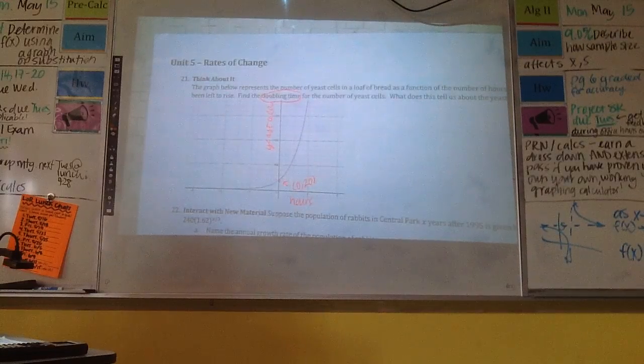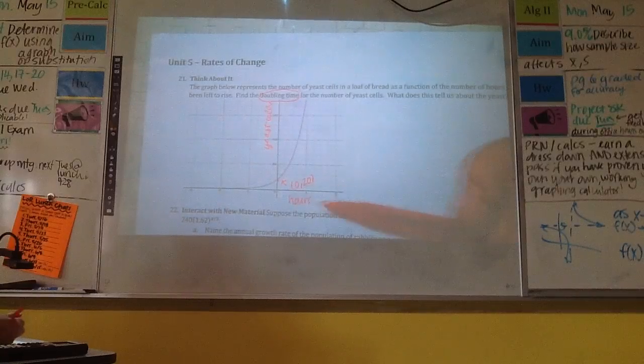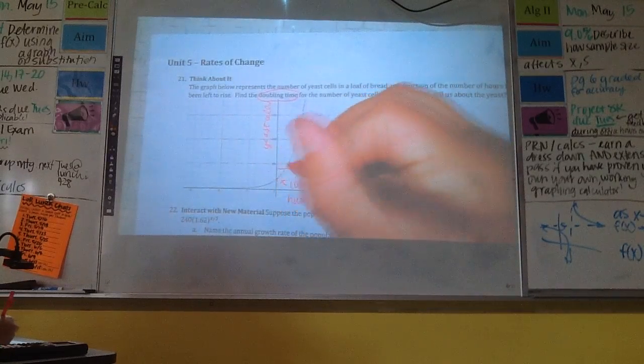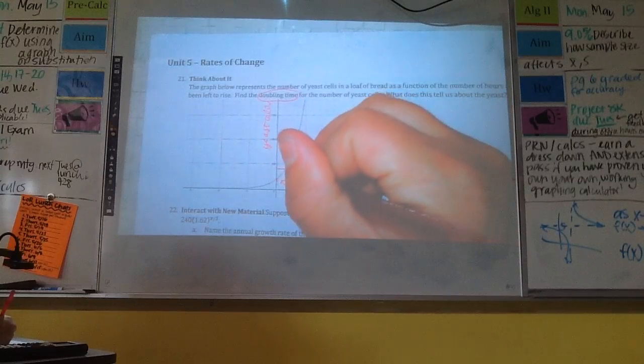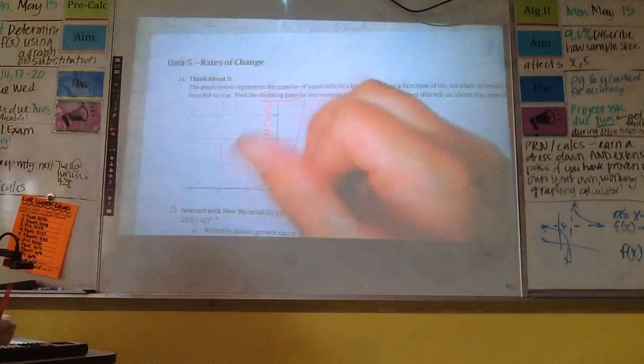So doubling time, the amount of time it takes to double. That is, I want to know when there are going to be 40 yeast cells. Well, it looks like right here. Let's see, this is in hours, so about a third of an hour.